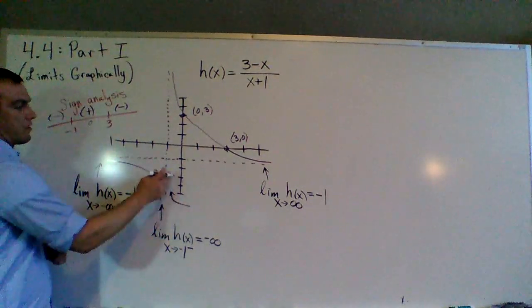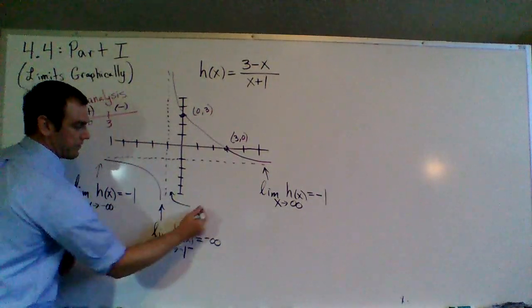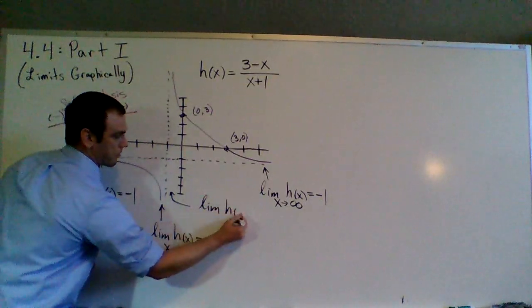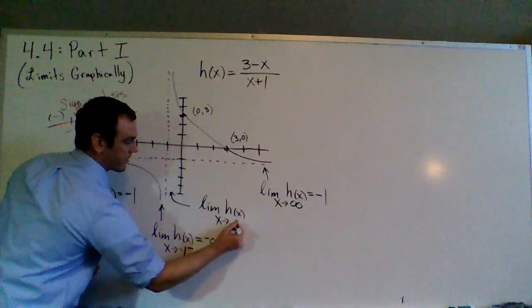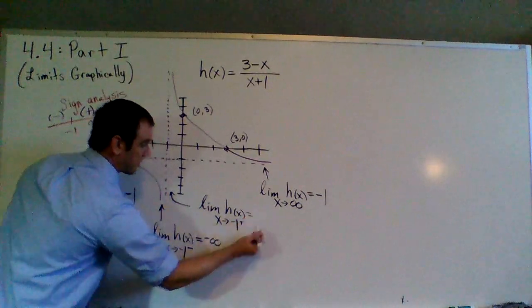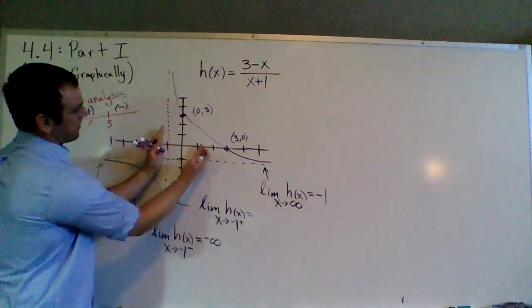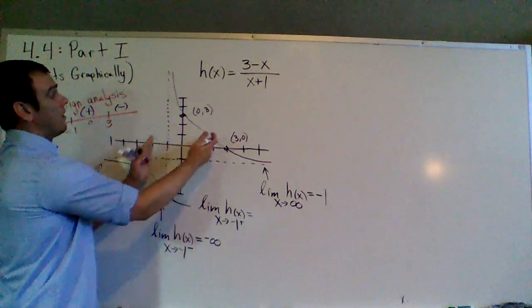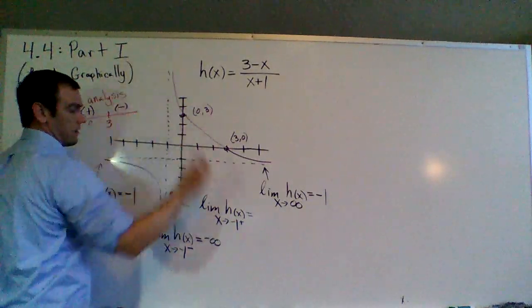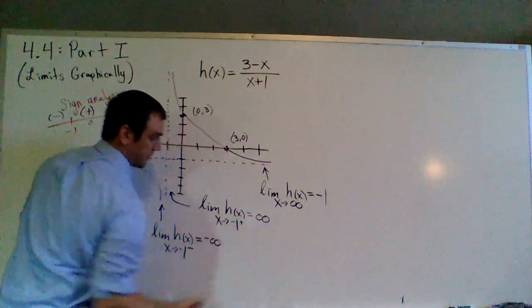Now the limit of h of x as x approaches -1 from the right: x is getting really, really close to -1, y keeps going up higher and higher, so the limit is going to be infinity.